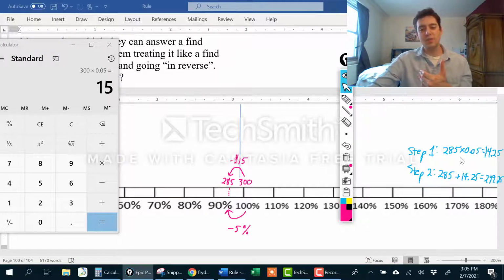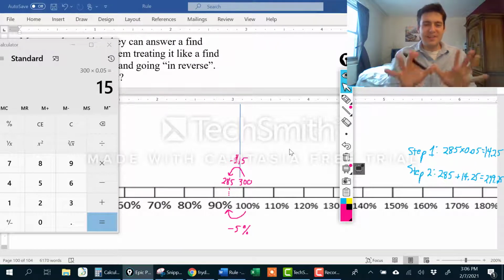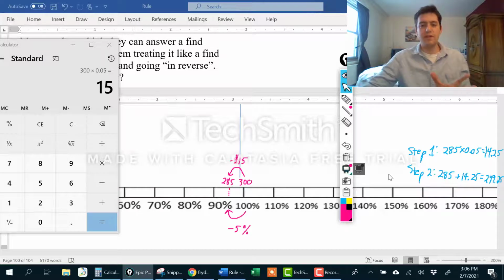So that's why this doesn't work here. If we decrease 300 by 5%, we would end up at 285. But then if we increase 285 by 5%, we wouldn't end up back at 300, because 5% of 285 is only 14.25. So we went down by 15, but we only went back up by 14.25. All right, so hopefully that's making a little bit of sense why this strategy will not work when you're answering find the original value problems.